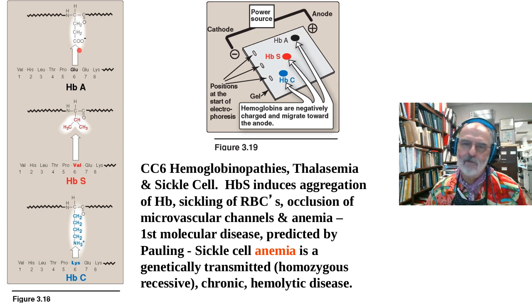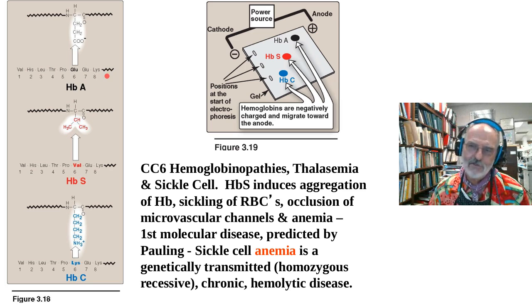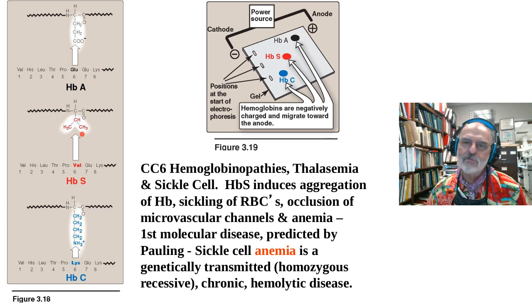Okay, so it's one less charge on the beta chain. There are 2 beta chains in hemoglobin, so this mutation, if it's homozygous, would make it a -2 charge. If this was just in one position, on average, it would be less than one-legged less negative charge.